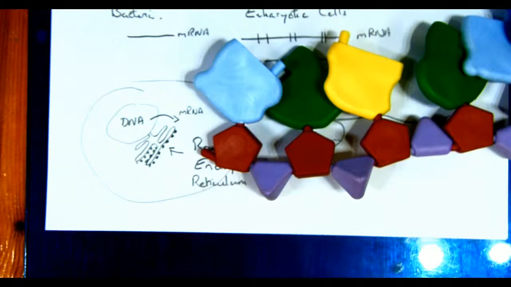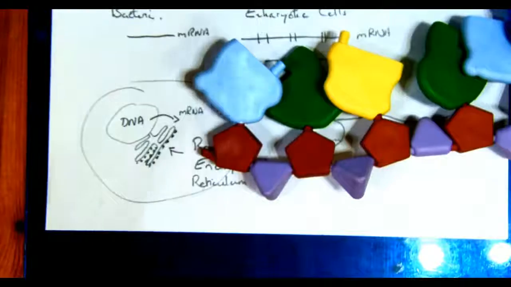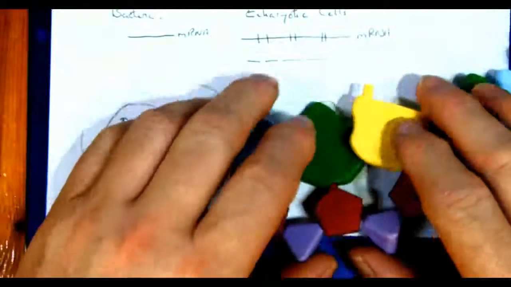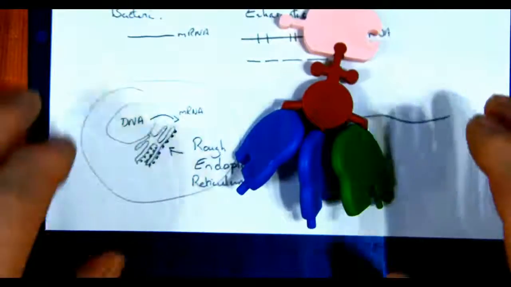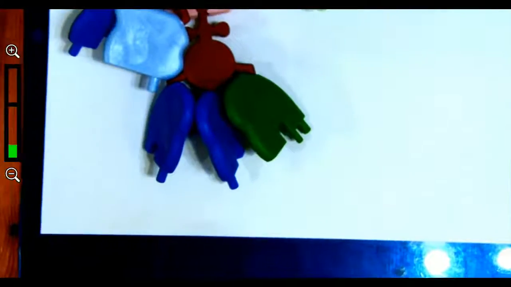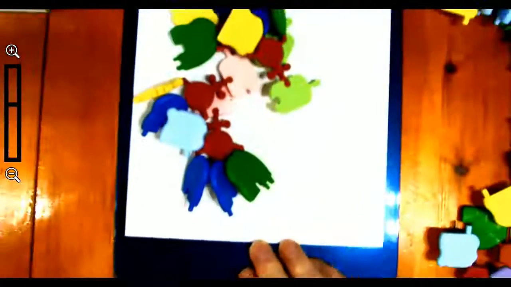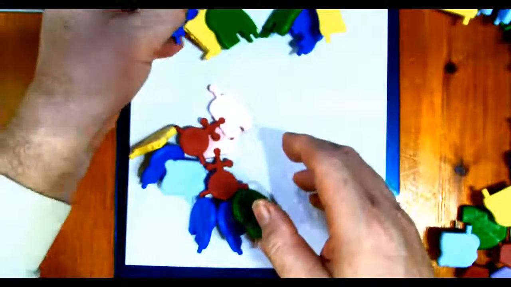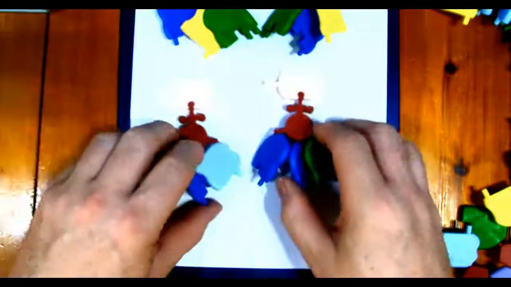Well, in the body we've got, in this sort of cytoplasm, lots of different other molecules, and these molecules are of tRNA. Let's just zoom out here a little bit. So I've got molecules of tRNA. This is transfer RNA.